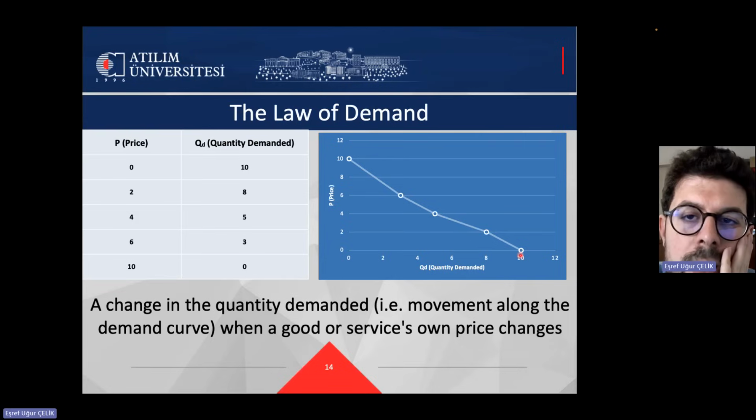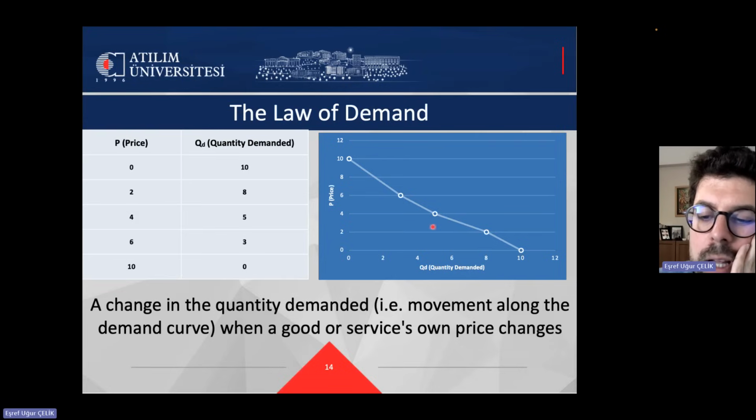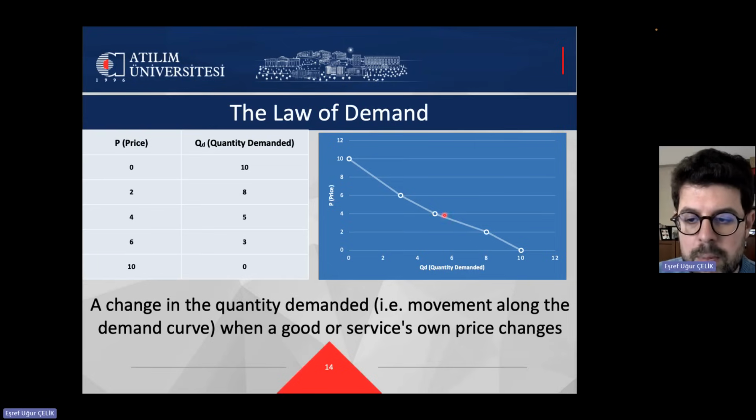And when we change the price of the good, we move along the demand curve, okay? Not shifting. We can move from A to B or B to C or D to A. It's up to the question, but not shifting. We move along the demand curve.